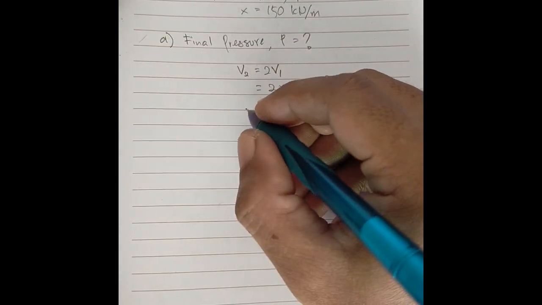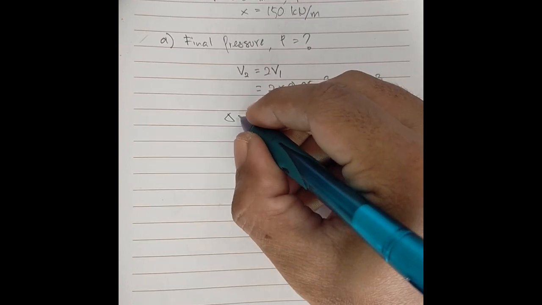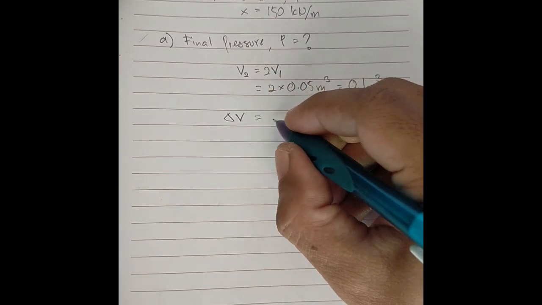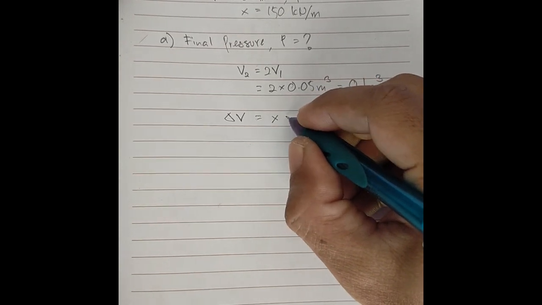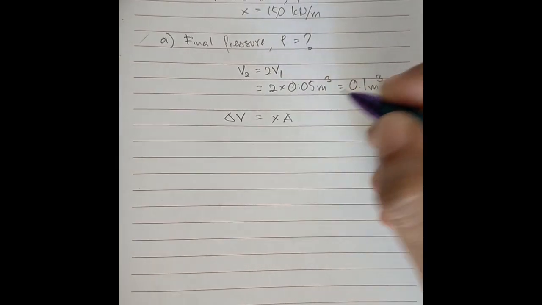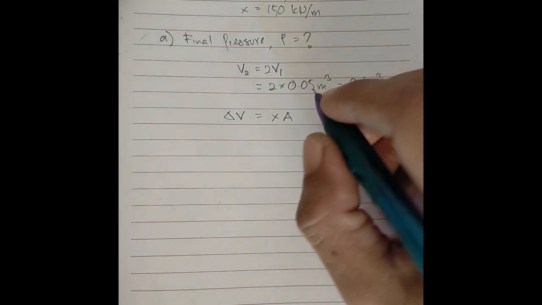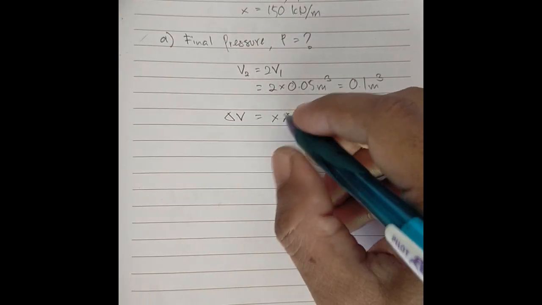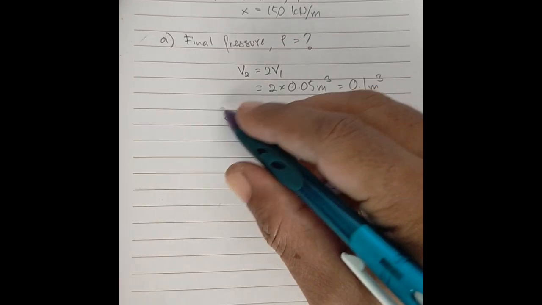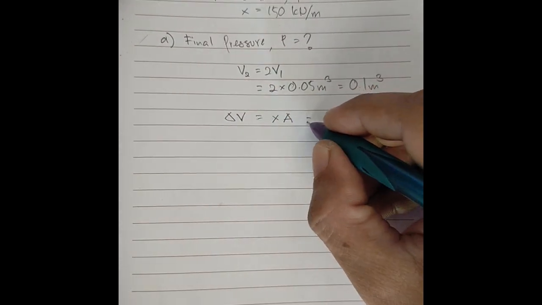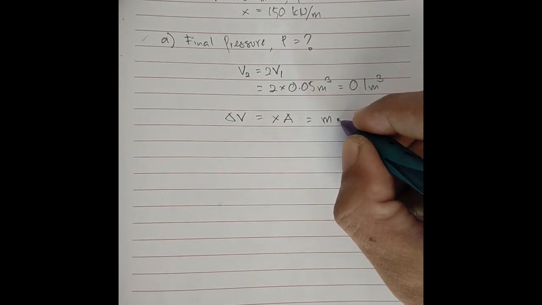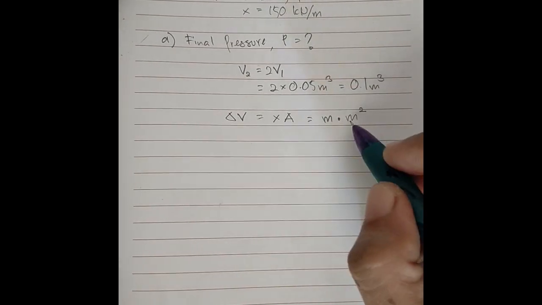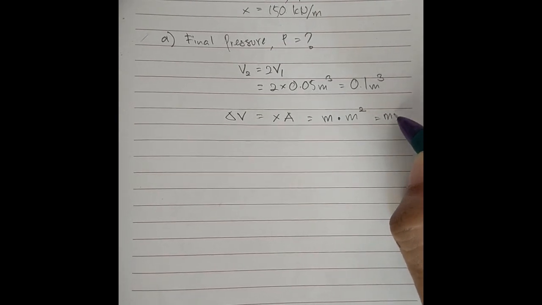So the change in volume is equal to x times A, area. Volume is meter cube, so we have meter times meter square, which means that we have also the same meter cube.